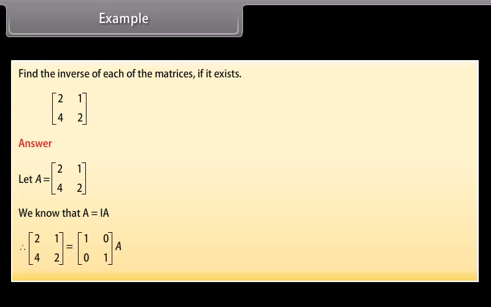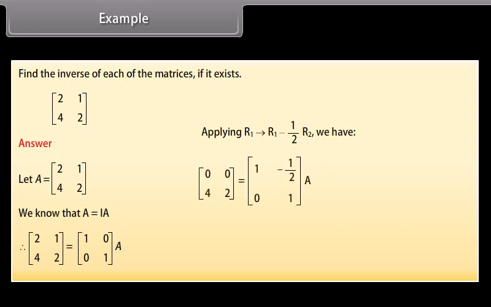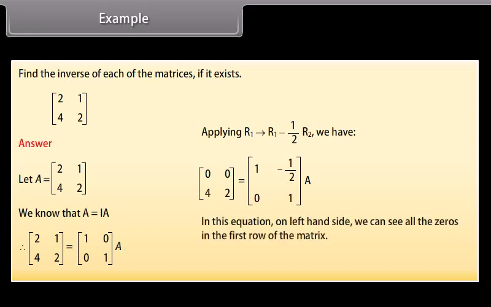Therefore, the matrix with first row 2, 1, second row 4, 2 is equal to the matrix with first row 1, 0, second row 0, 1 into A. Applying R1 changes to R1 minus 1 by 2 of R2, we have the matrix with first row 0, 0, second row 4, 2 is equal to the matrix with first row 1, minus 1 by 2, second row 0, 1 into A. In this equation, on the left hand side, we can see all the zeros in the first row of the matrix. Therefore, A inverse does not exist.